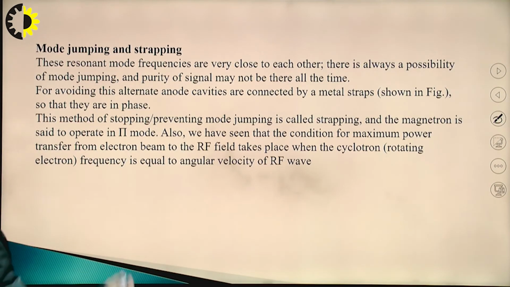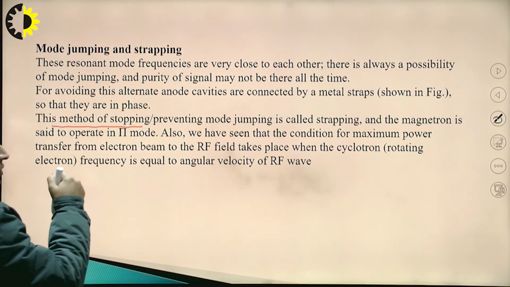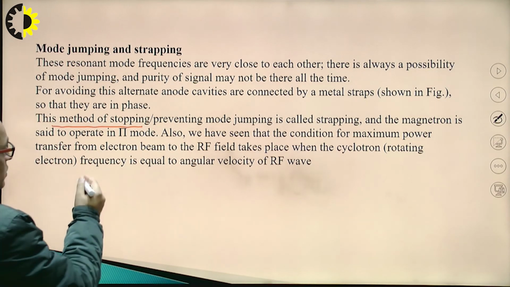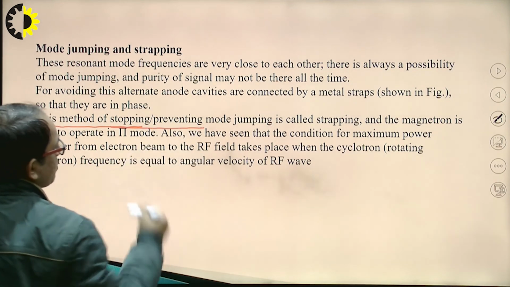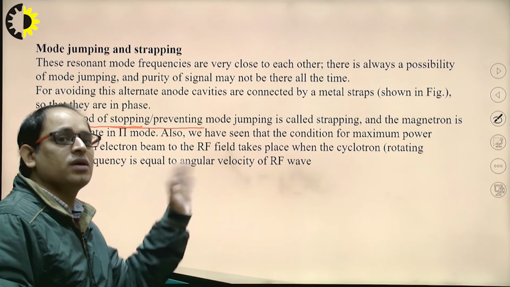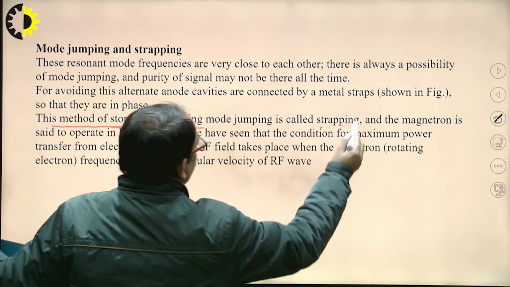Mode jumping and mode stepping is a technique which provides a method for stopping or preventing mode jumping. It means the mode will not transfer its energy to another mode, and this method is known as strapping.